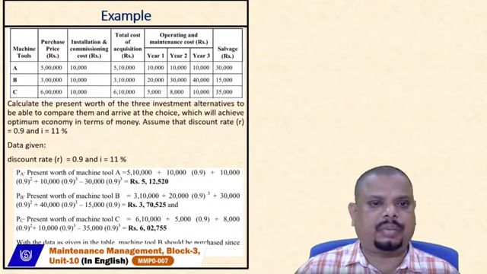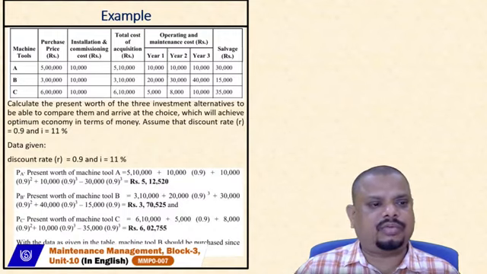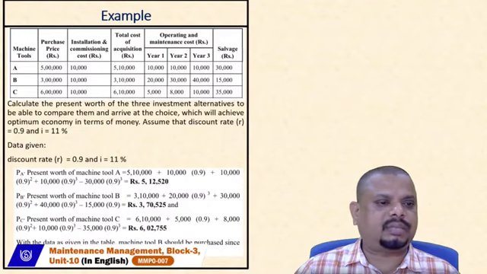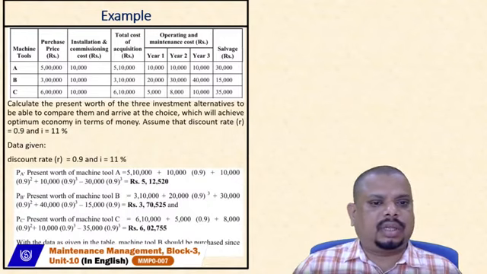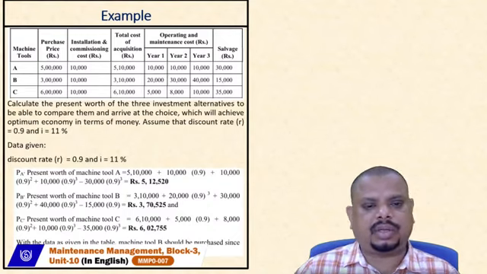For operating and maintenance cost, the first year is 10,000 for machine A, the second year the same amount 10,000, and the third year the same amount 10,000. For machine tool B, the first year is 20,000, second year 30,000, third year 40,000. For machine tool C, the operating and maintenance cost is 5,000, 8,000 and 10,000 for year 3.